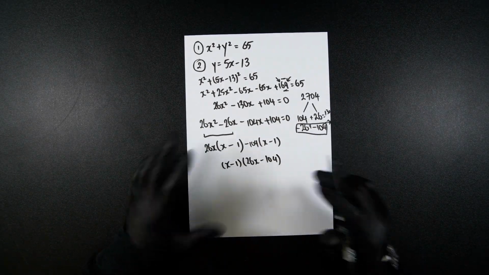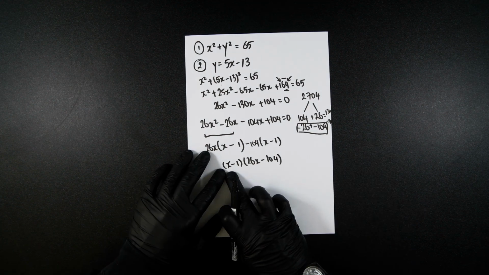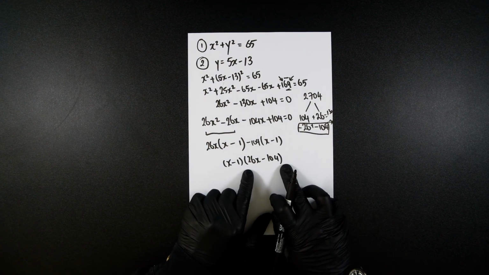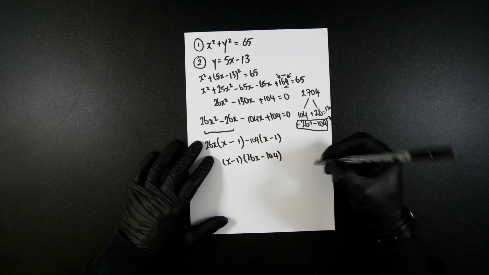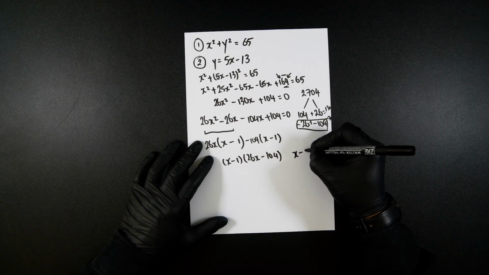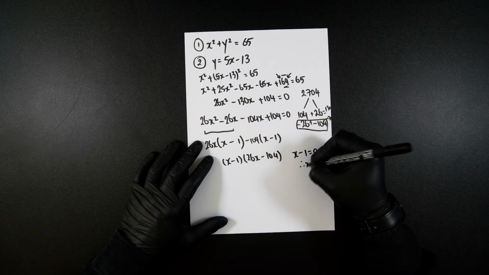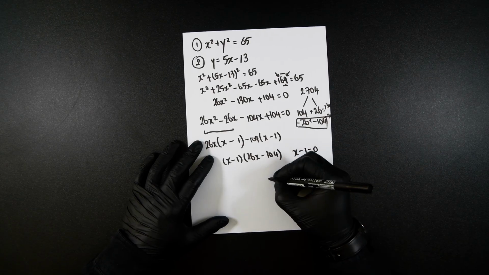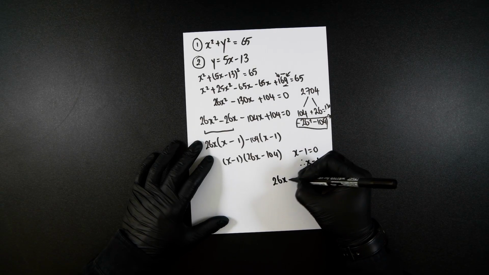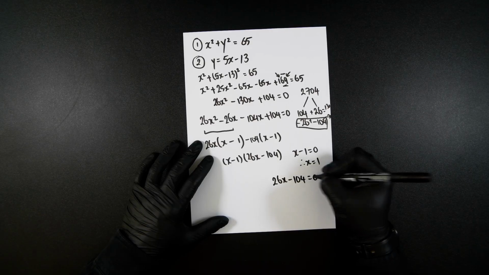So now, to find out what x is, we would make this equal 0 and we make this equal 0. So if we have x minus 1 equals 0, therefore x equals 1. And then 26x minus 104 equals 0.